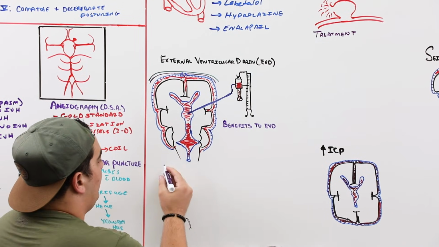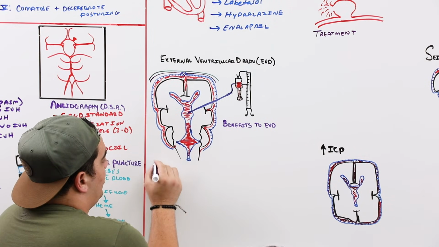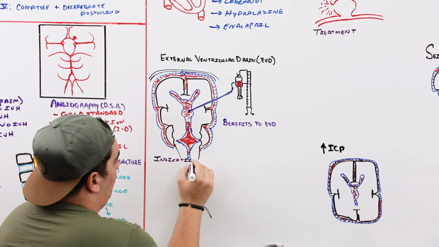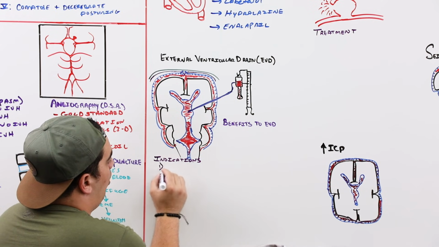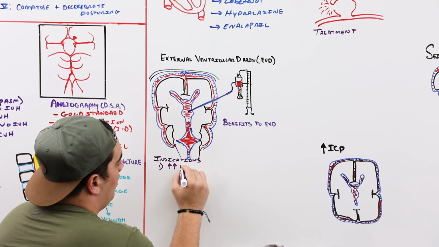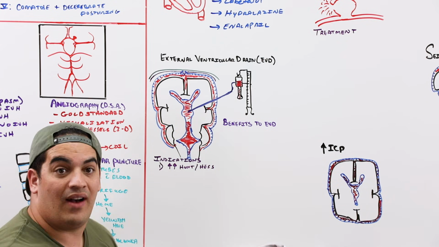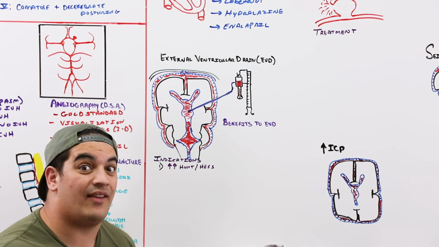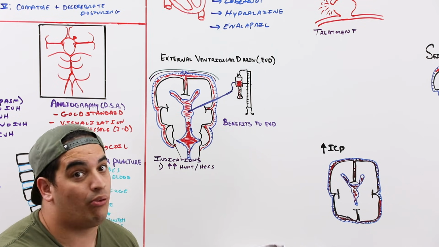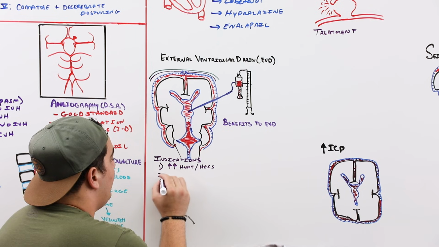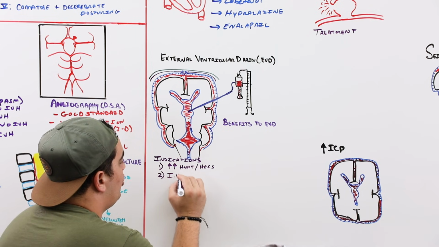So what are some of the indications? Indications primarily are dependent upon a couple things. One is a high Hunt and Hess score. If they have a high Hunt and Hess score, they have a high mortality rate, so they probably need an EVD, most definitely. That's a big thing. The second thing is, do they have intraventricular hemorrhage?